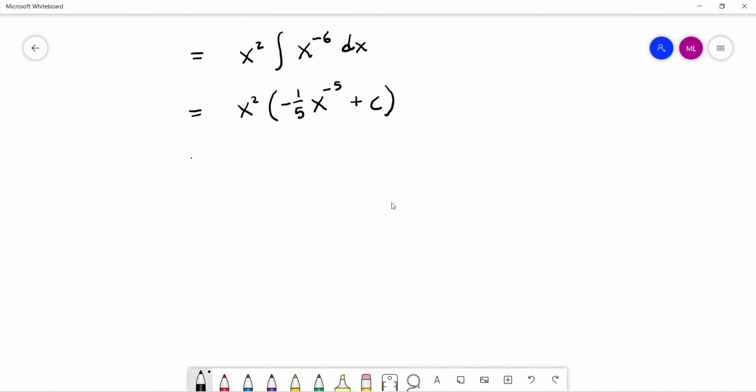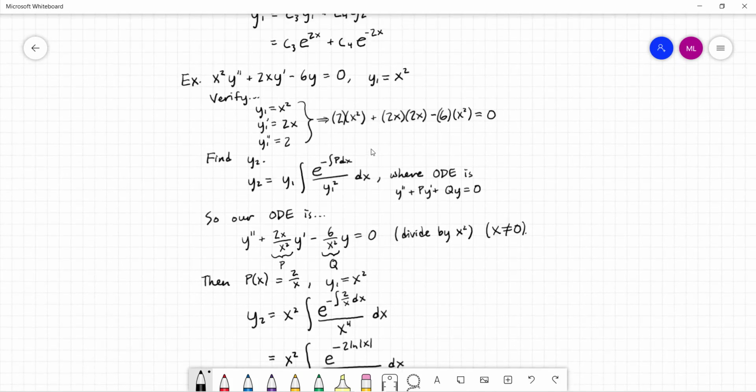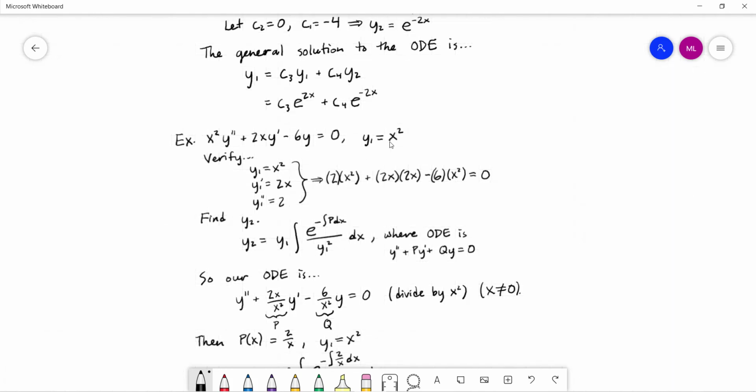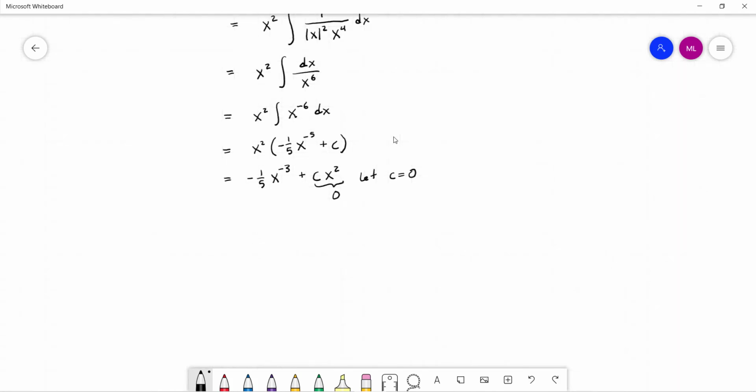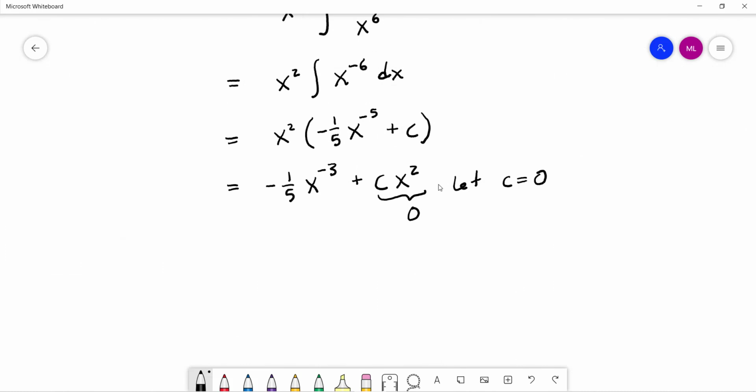And when I distribute through the x squared, we're going to get negative 1/5 x to the negative 3 plus c x squared. This part can be 0 if we let c be equal to 0, because this part, again, matches the original y1 that we were given, right? One of our solutions was already x squared. We don't need the part of y2 that matches y1, so we can let this part off entirely.